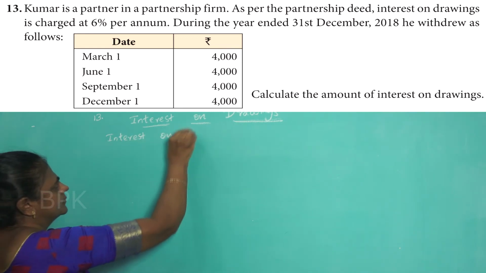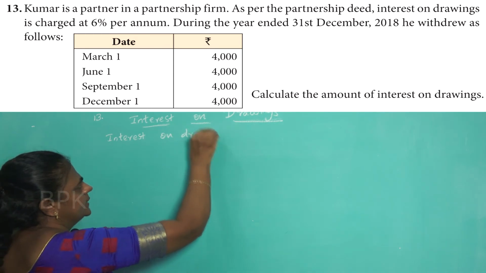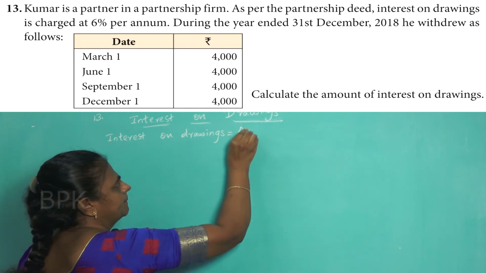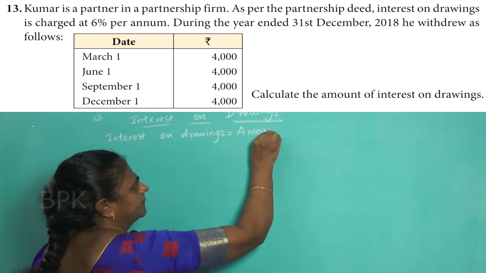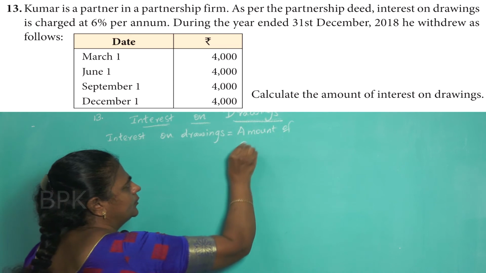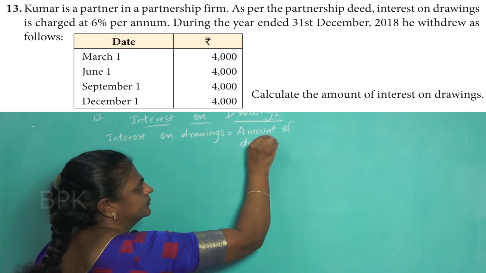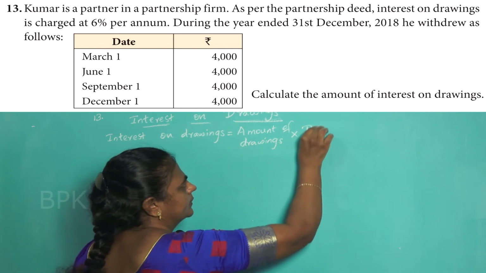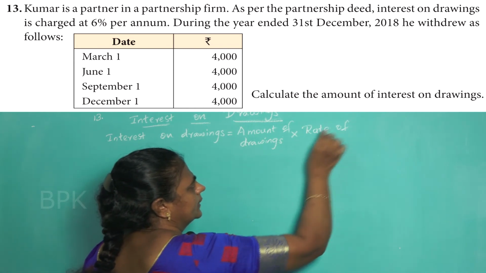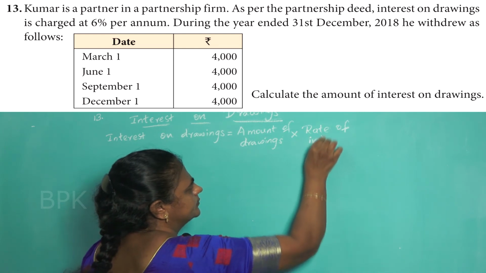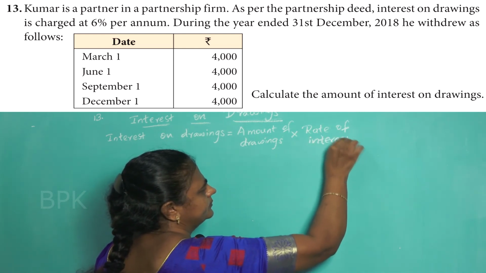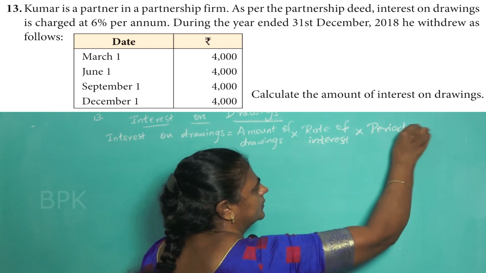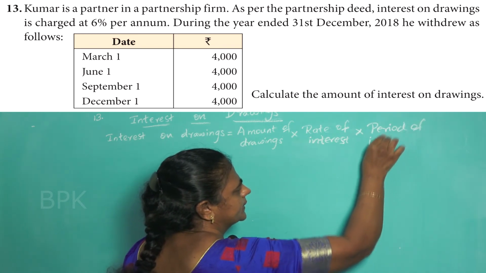Interest on drawings is equal to amount of drawings into rate of interest into period of interest.